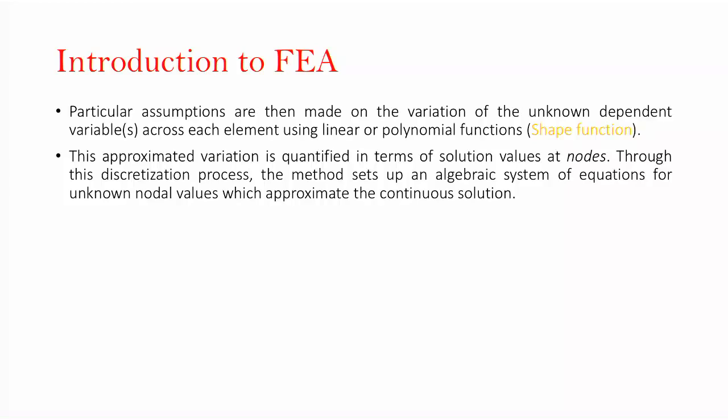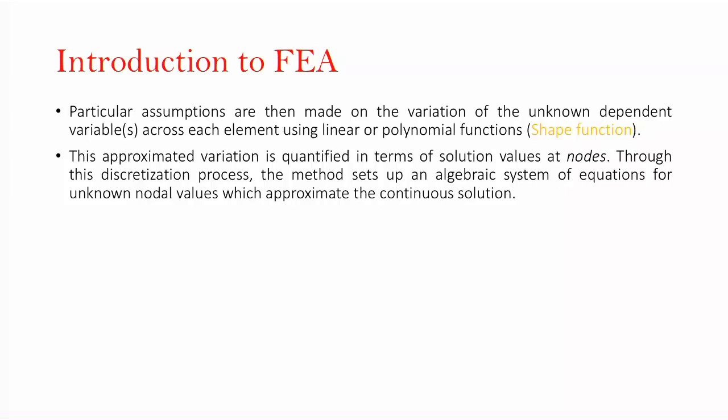So when we divide the body of an object or the structure into small pieces, which are called elements, we also have nodes at the vertices of those pieces, right? So we usually report the values of the dependent variable at the nodes, and we call them nodal values.